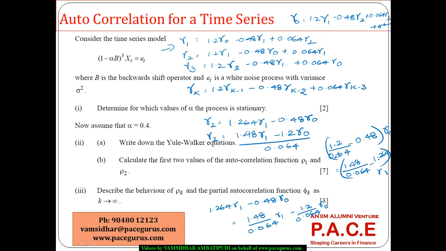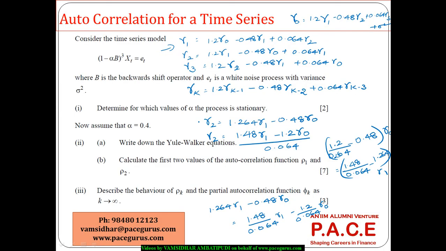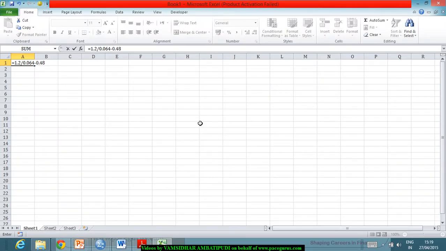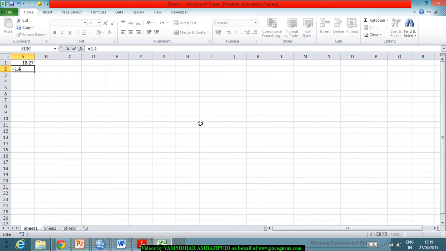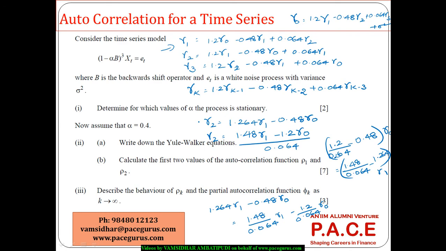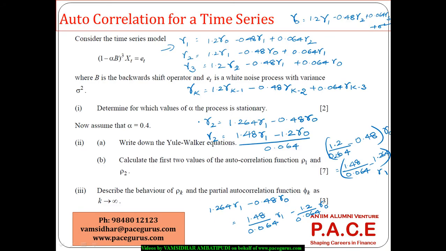So let me do the simplification. This works out to 1.2 by 0.064 minus 0.48, so this much, 18.27 gamma 0, is equal to 1.48 by 0.064 minus 1.264, so it is 21.861 gamma 1.